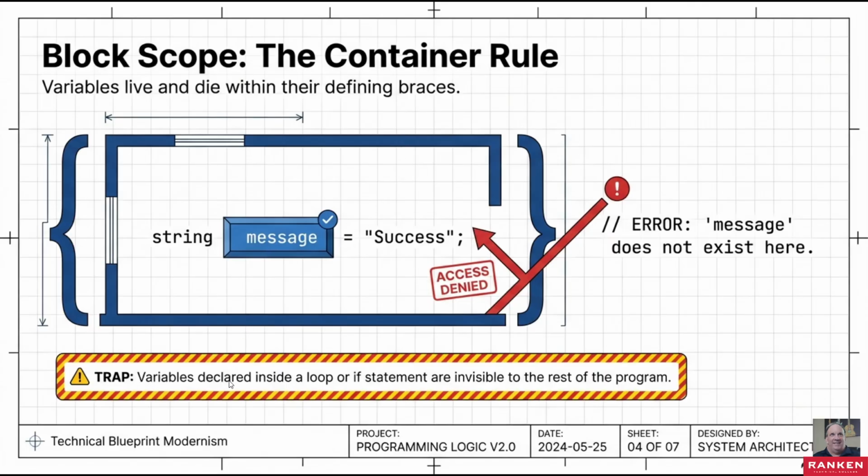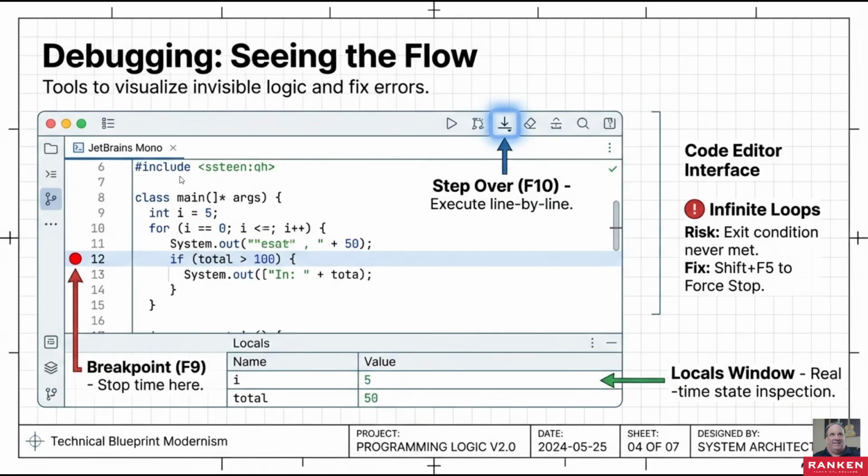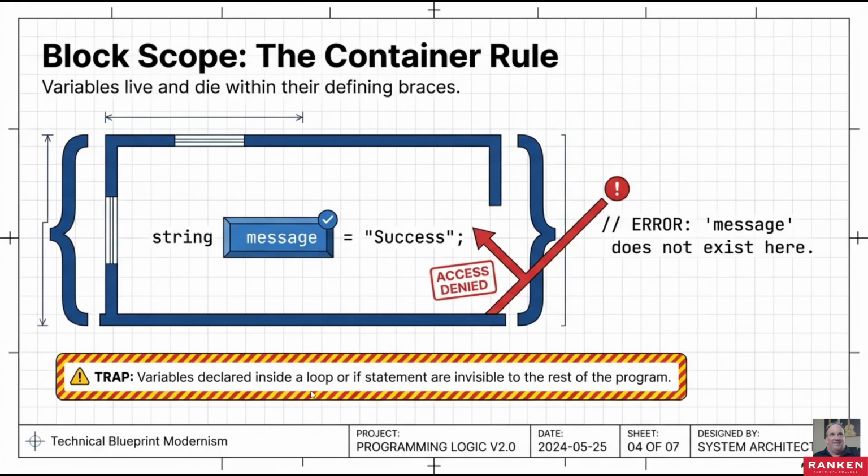Variables declared inside a loop or an if statement are invisible to the rest of the program. This is more than just a method, but also applies to an if statement. If statements have curly braces, and also loops like the whiles and the fors have curly braces.